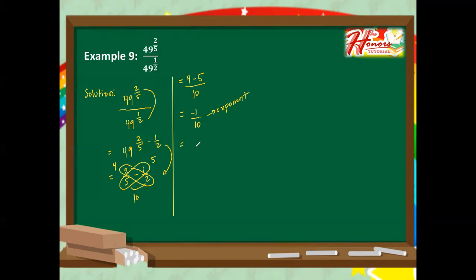So now we have here 49 raised to negative 1 over 10. So let's change this into a positive exponent. It will become 1 over 49 raised to 1 over 10. And then we have to change this into a radical.